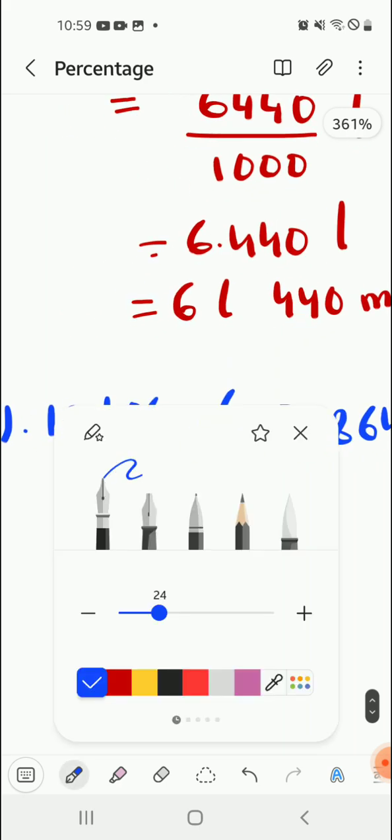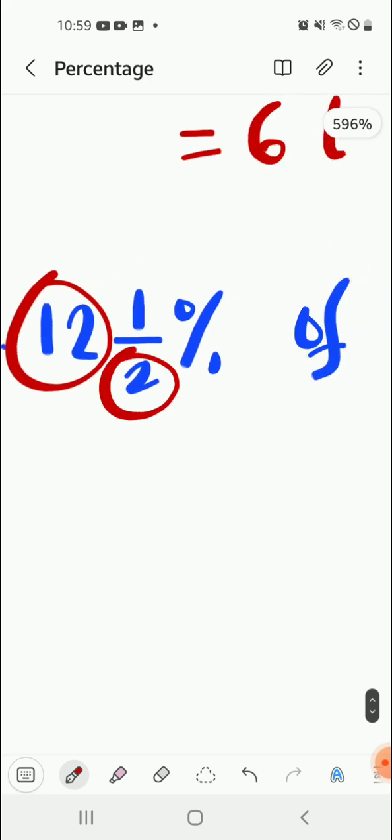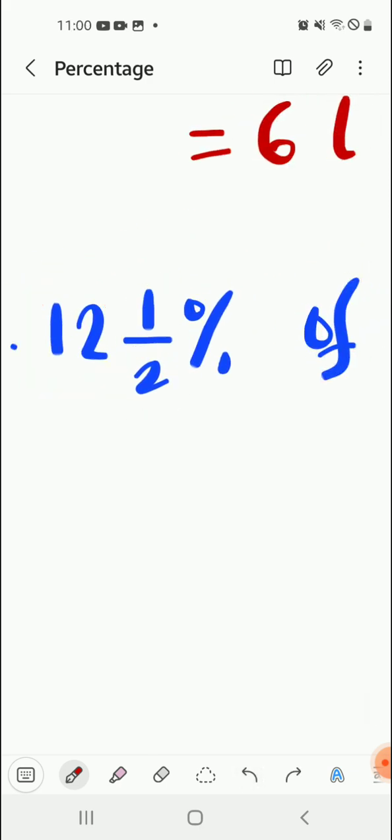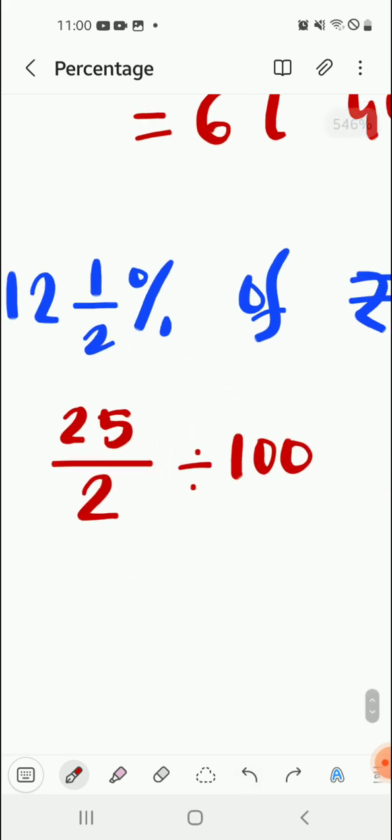So let's convert it. 12.5% is 12 into 2 is 24 plus 1, 25. So we're going to write 25 by 2 divided by 100, because there is a percentage sign, that is why.